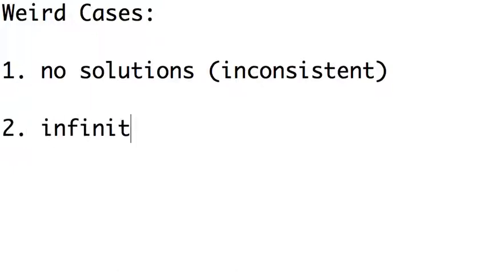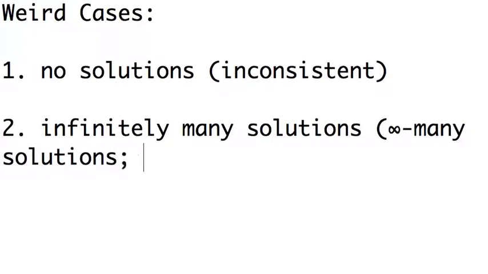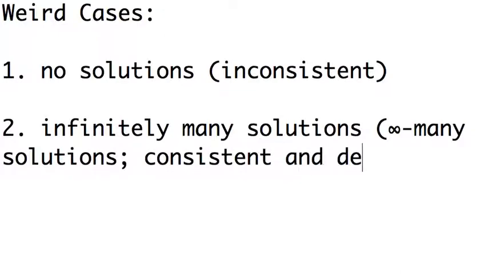And the other is infinitely many solutions, and this is called consistent because here, yes, there are solutions, so the two equations are consistent, but they are dependent upon each other because, once I know everything that's on one of the lines, then I know everything that is on both of the lines.